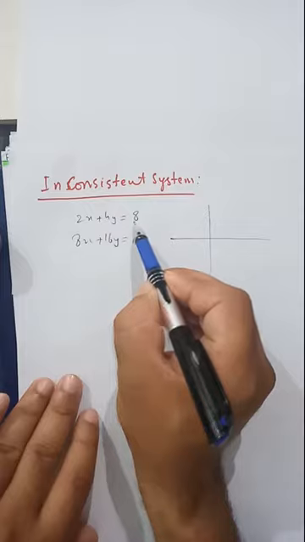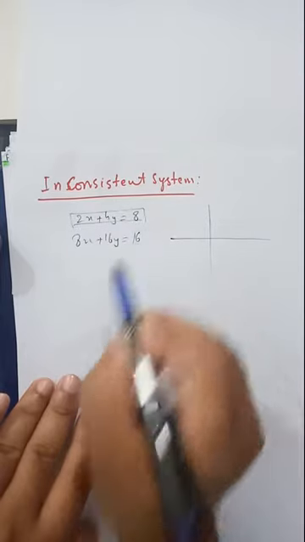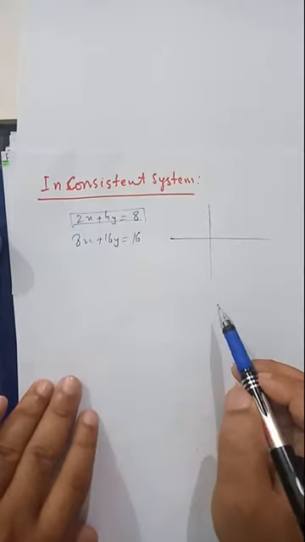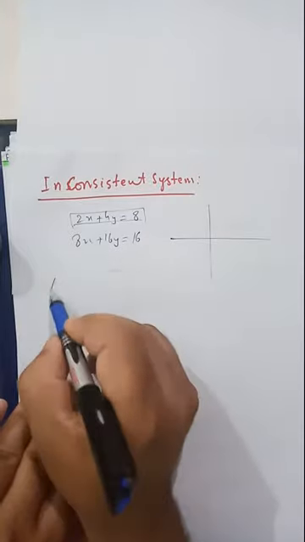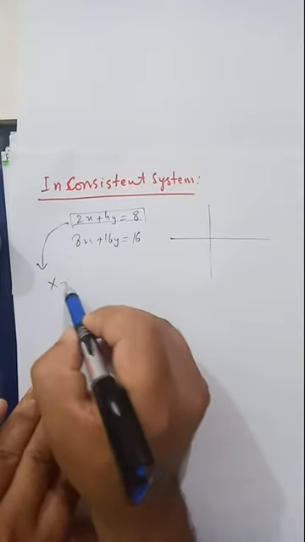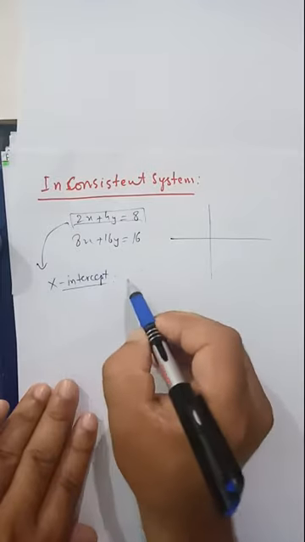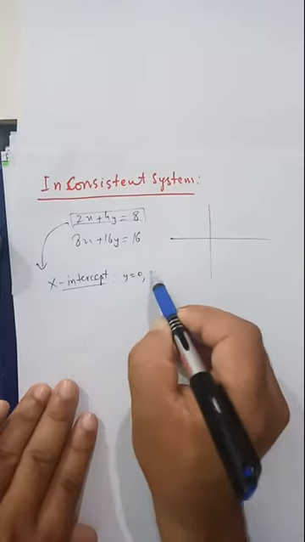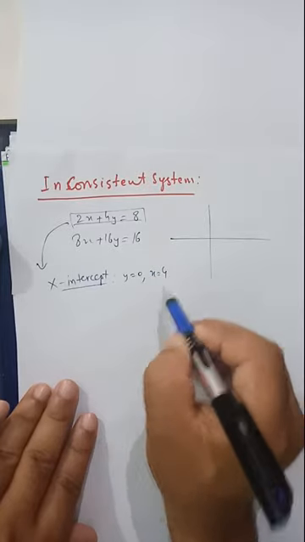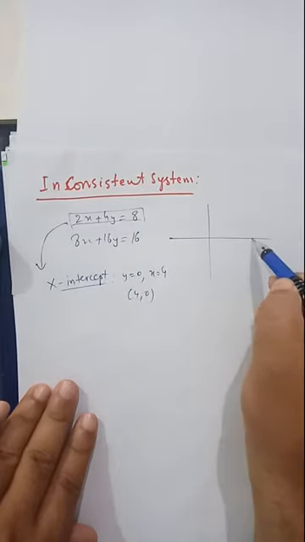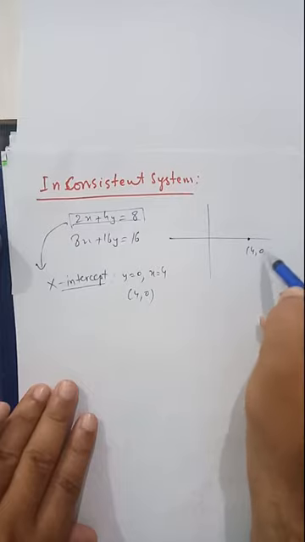Now find the x-intercept for the first equation. The x-intercept means y equal to 0, so x will become 4. So (4, 0) is the x-intercept. Let's say this is (4, 0).